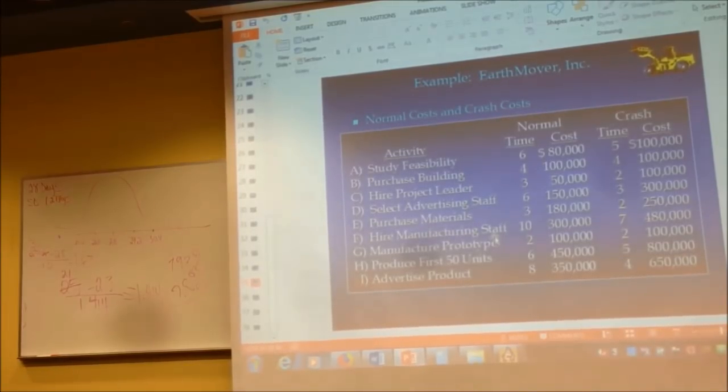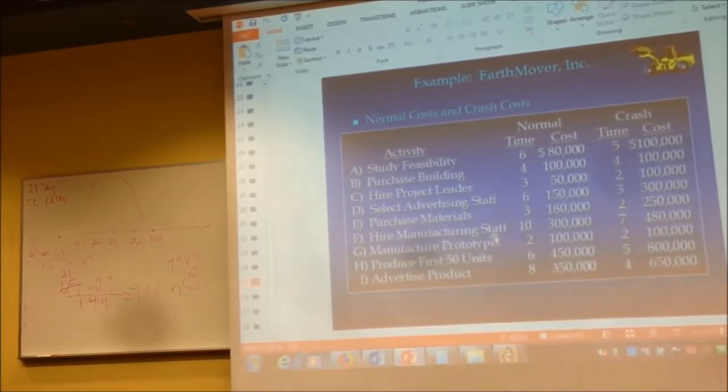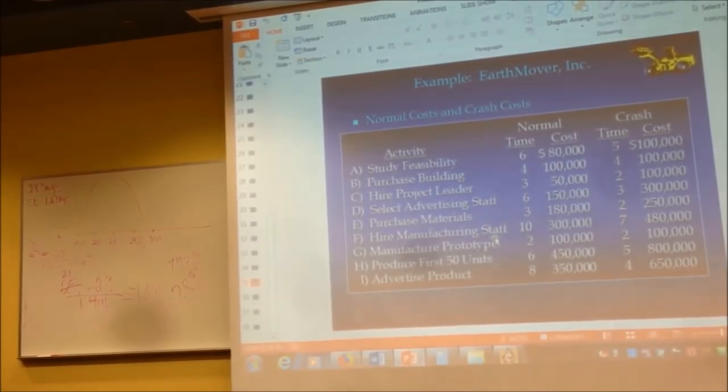And then you have this column. This is the major column, and this is per 1 unit of time. $20,000 to crash, we can gain 1 unit of time. The cost per 1 unit, I'm abbreviating now, 20K.